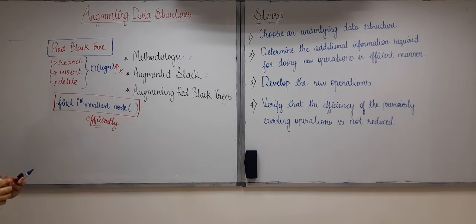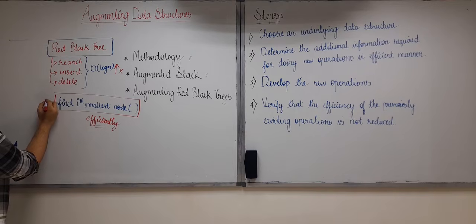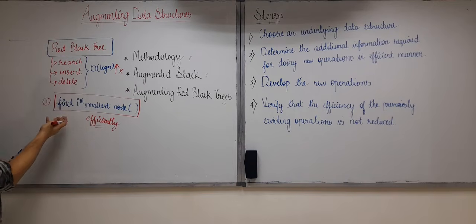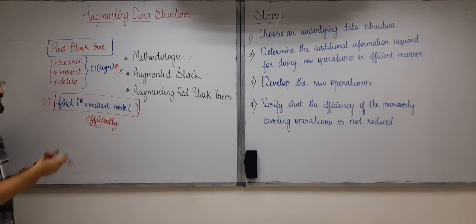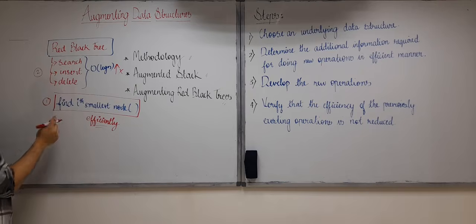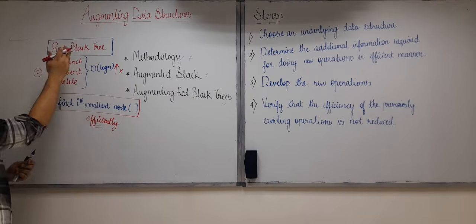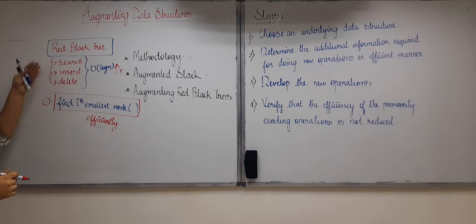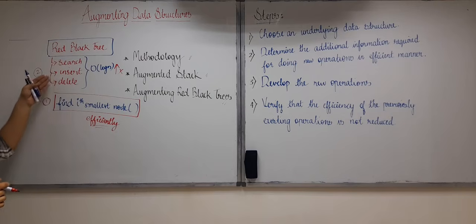I don't want that to happen. So I have got two aims. The first aim is that I need to perform this new operation, find out the ith smallest node, in an efficient manner. And my second aim is that while I perform this new operation on my red-black tree, the efficiency of these already existing operations should not go down. I don't want that to happen. So these are the two aims.